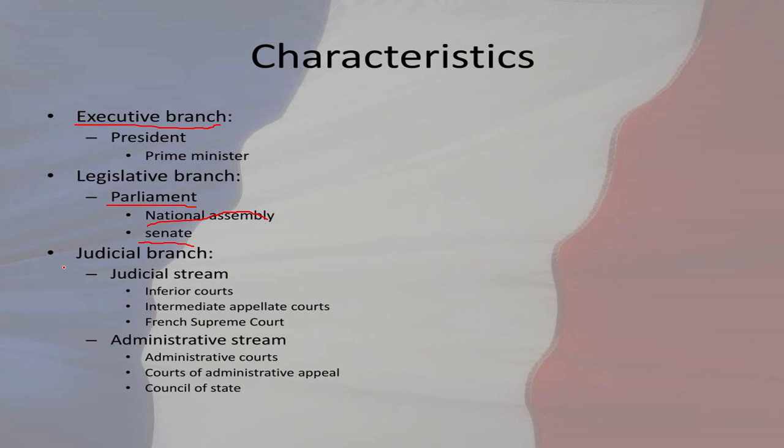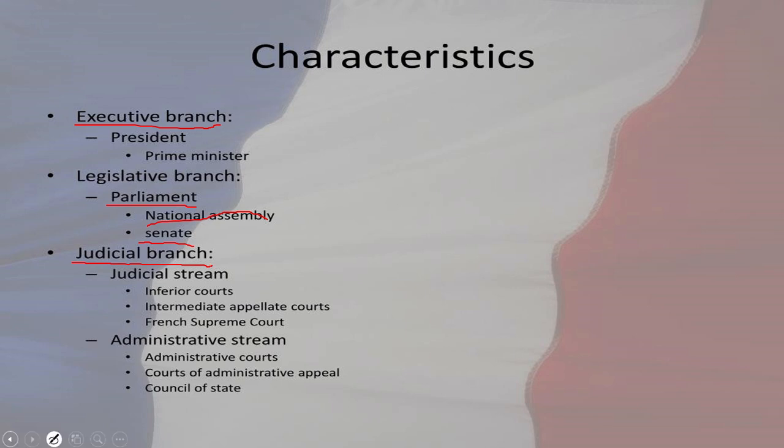And the third is the judicial branch, for lawsuits and crime. It is further divided into the judicial stream and the administrative stream. The judicial stream is subdivided into inferior courts, intermediate appellate courts, and the French Supreme Court, which is the main court over there, like in India.